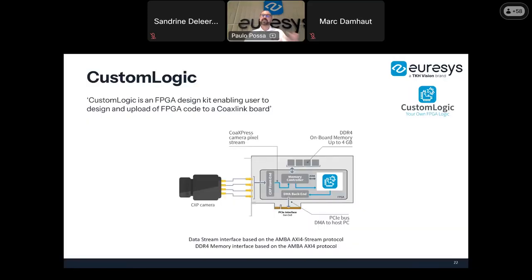CustomLogic allows FPGA designers to include their own image processing modules inside the frame grabber. The CustomLogic framework provides the whole acquisition infrastructure, including CoaXPress front-end, memory controller, DMA engine, and driver. With this framework, users can concentrate their efforts on creating their own image processing accelerators without spending time on image acquisition and camera control.